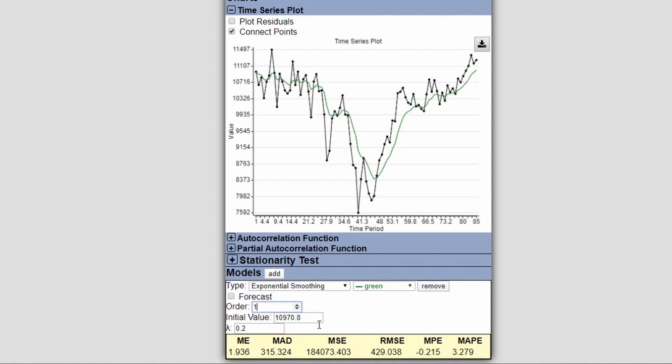There's also second order exponential smoothing. I think we can do first and second order. When you have really big trend dips, second order exponential smoothing is often able to follow those dips better.